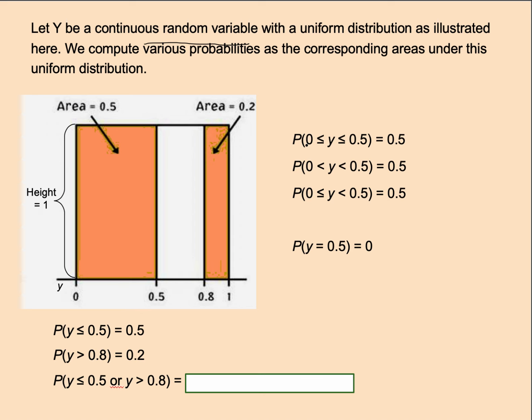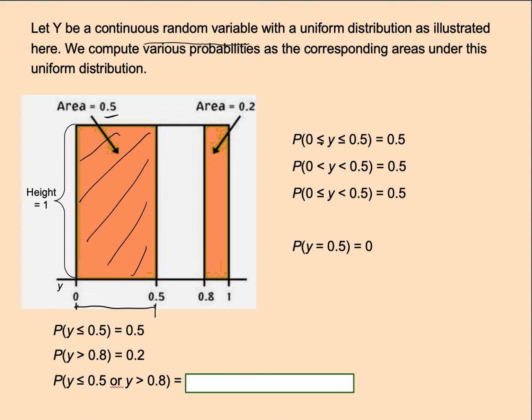If we are looking at the probability of y being greater than 0 but less than or equal to 0.5, that is the actual area of interest. That will be the probability of that thing.